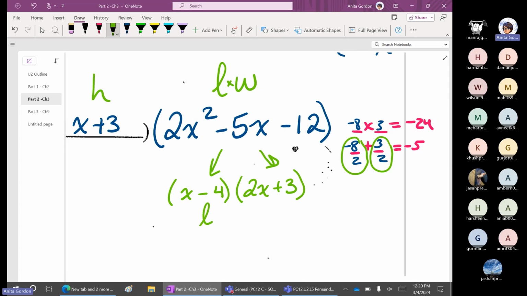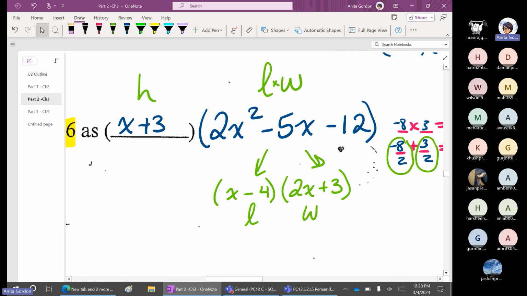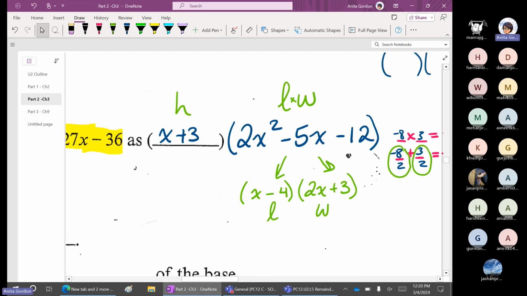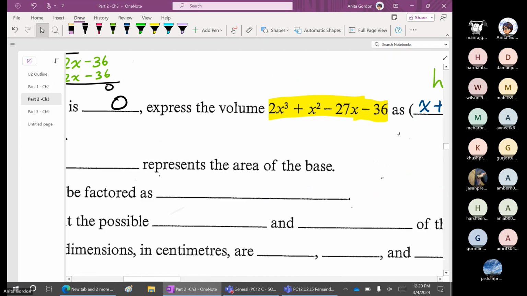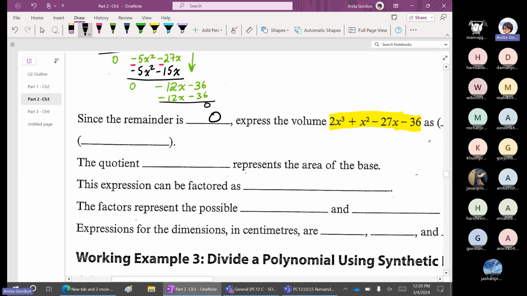Okay, so here's length and width. Whenever we are factoring a polynomial, our goal is always to do long division until we get it to a quadratic, because we know how to do a quadratic without doing long division. Okay, so now, zoom out here, the quotient, I'm just going to call it Q of x, that we found, represents the area of the base.